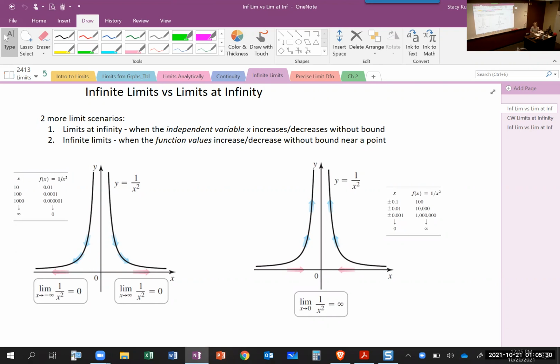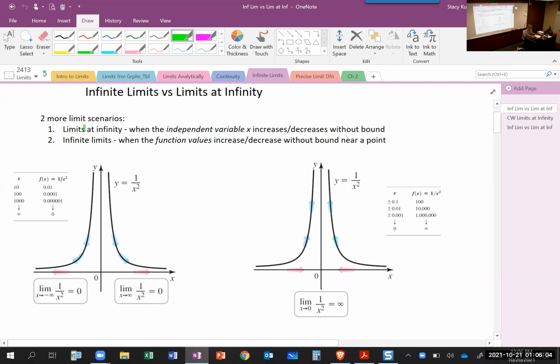Now, you can see the pictures of the two kinds of limits here, right? When we think about limits at infinity, our independent variable x is increasing or decreasing without bound. Those are the asymptotes that we're thinking of. We are taking the limit as x gets increasingly larger.